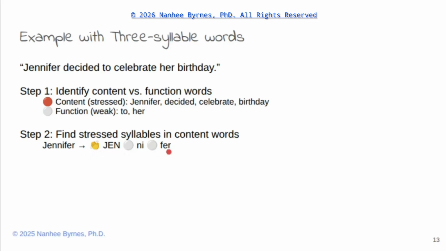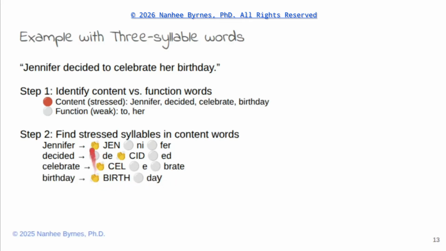Jennifer, stress on the first syllable. Decided, stress on the second syllable. Celebrate, stress on the first syllable. Birthday, stress on the first syllable.